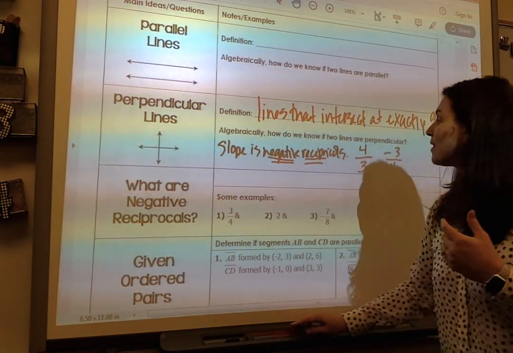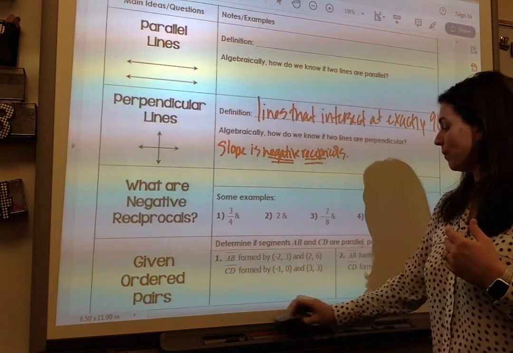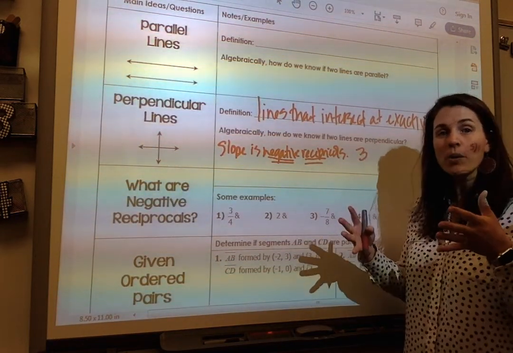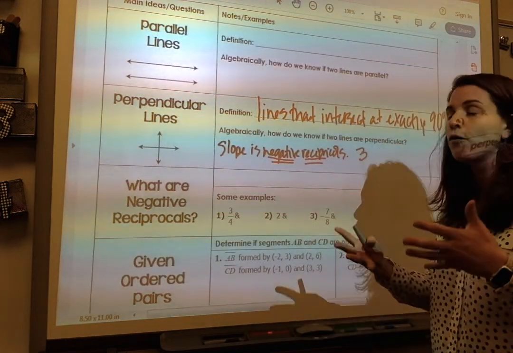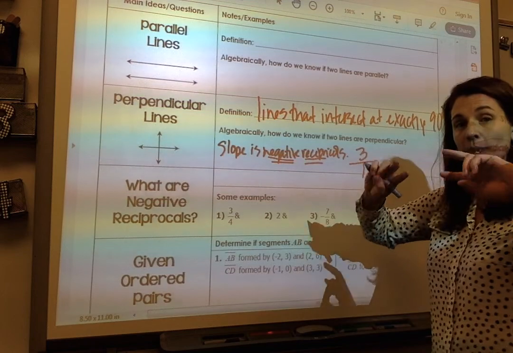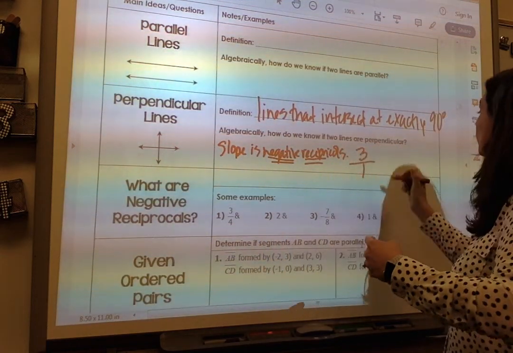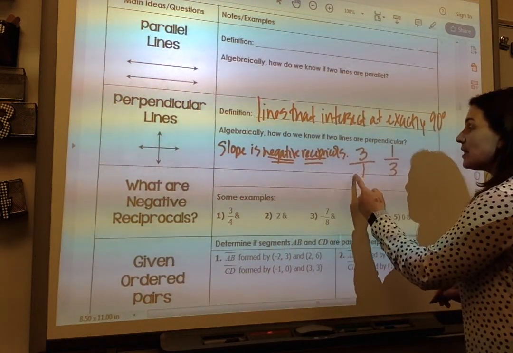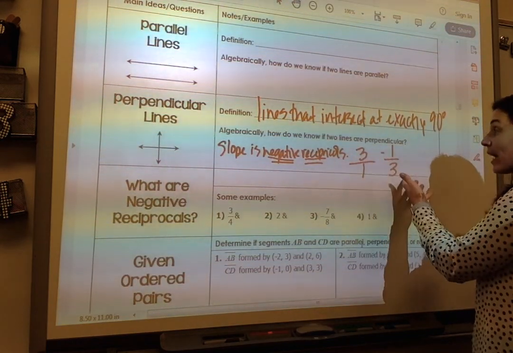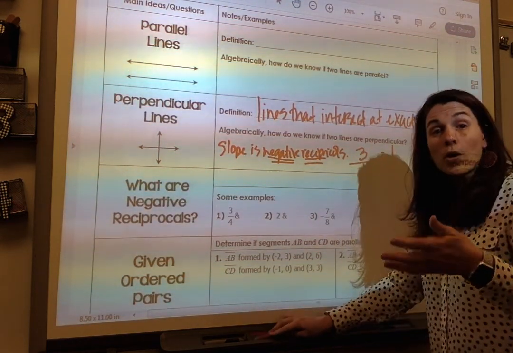If I have something that looks like 2, or 3, let's use 3. Remember, 3 is a rational number, so we can turn it into the form a over b: 3 over 1. Now for the negative reciprocal, I'm going to flip it to be 1/3, but if this is positive, this one has to be negative. And therefore, negative reciprocals are perpendicular lines.